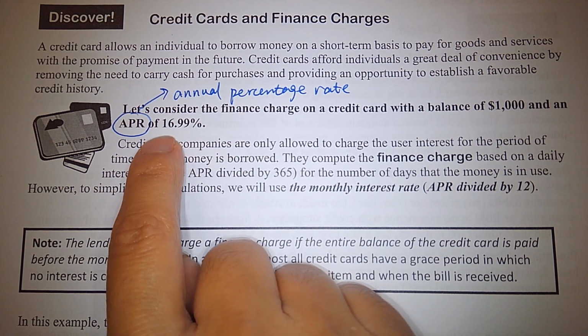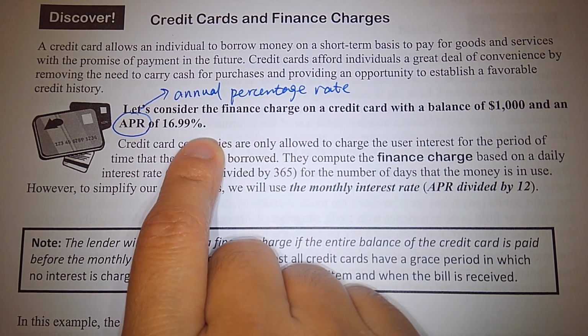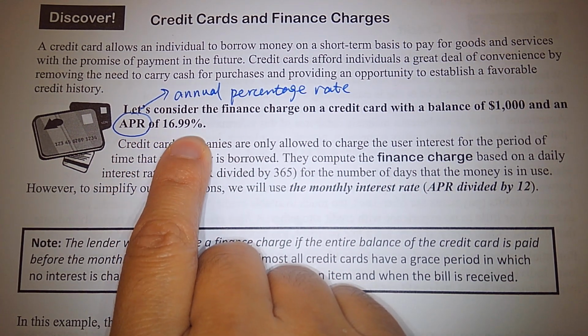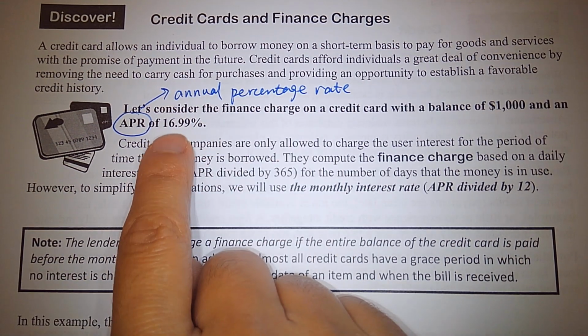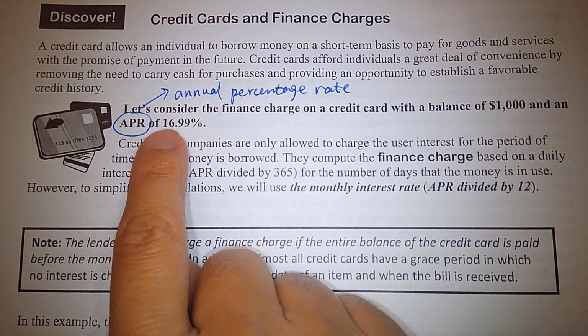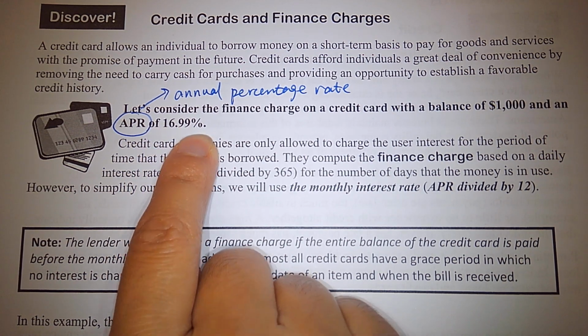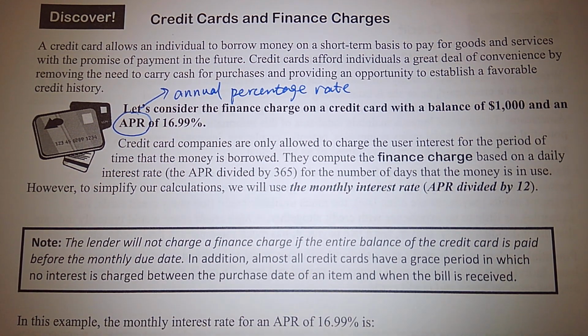So in this question, APR is 16.99 means the annual percentage rate for the financial charge is 16.99%, or 0.1699.